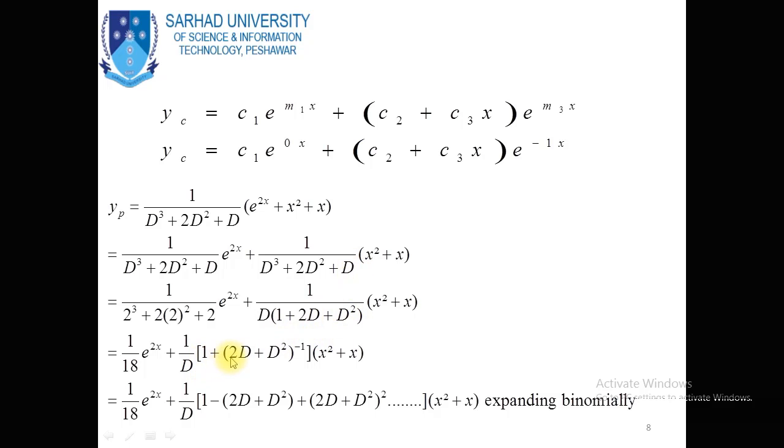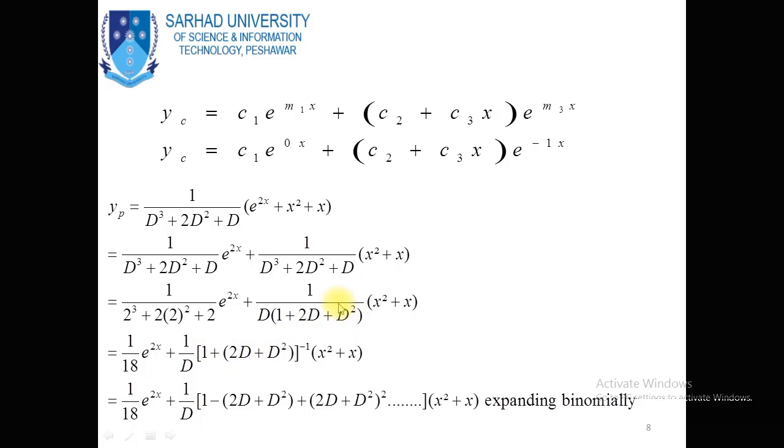We can write 1 plus 2d plus d square, power minus 1. So this is a binomial expansion, where 1 is the first term and 2d plus d square is the second term.